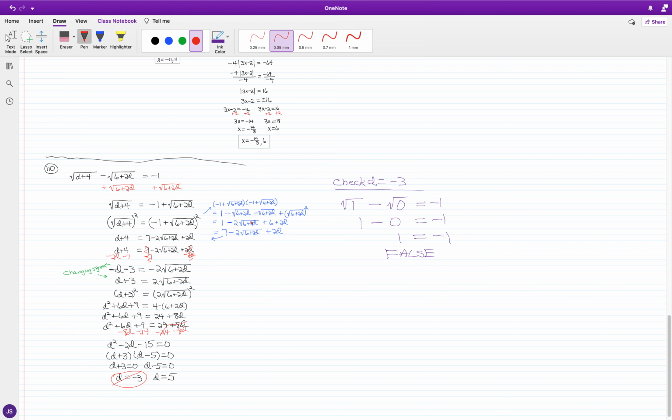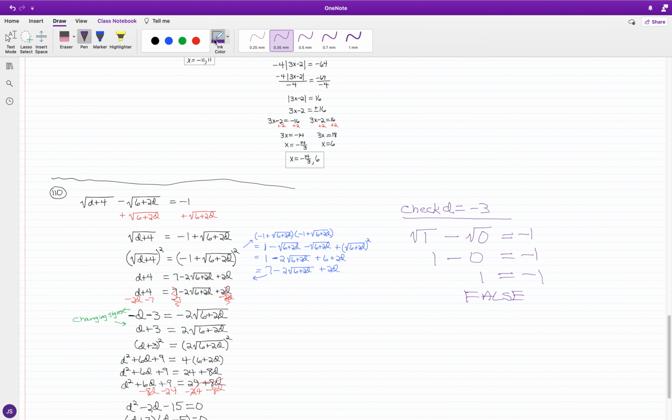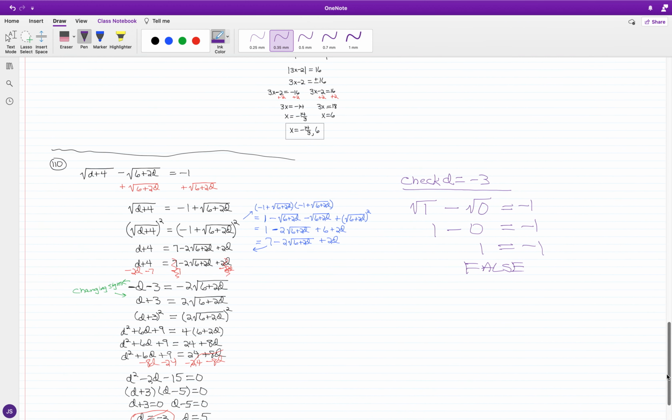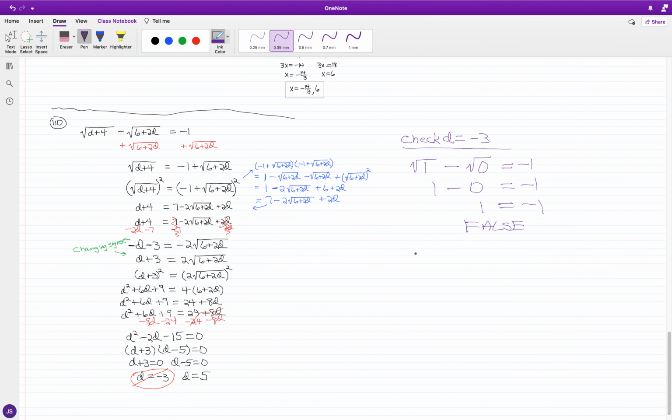But now for D equal to 5. Okay, so you got 5 plus 4 is 9. For the next radical, you have minus the square root. 2 times 5 is 10 plus 6 is 16.